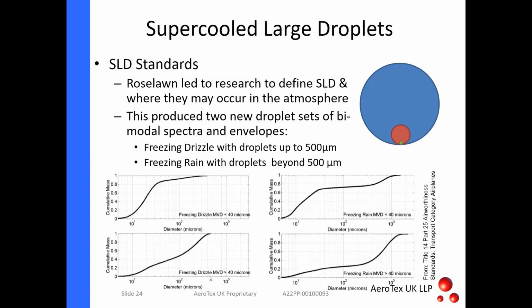And this is freezing drizzle with an MVD greater than 40 microns, so there's a higher percentage above the spectrum that's typically used for Appendix C. And then we get to freezing rain, which extends much further. We're looking beyond 500 microns, up to 1 millimeter, 2 millimeters of diameter, so significantly larger droplets.